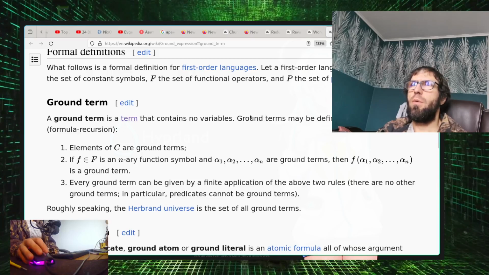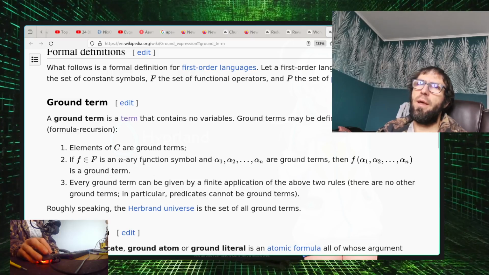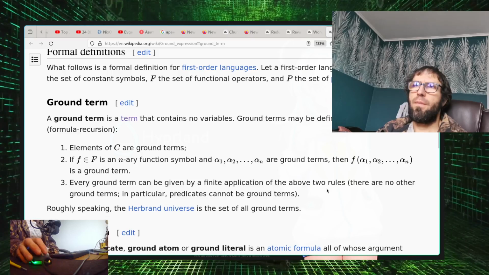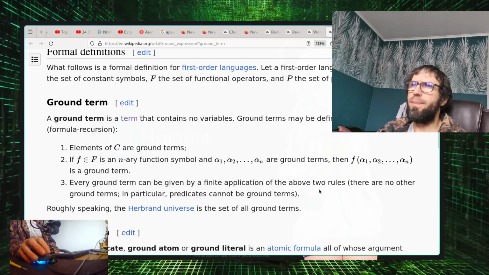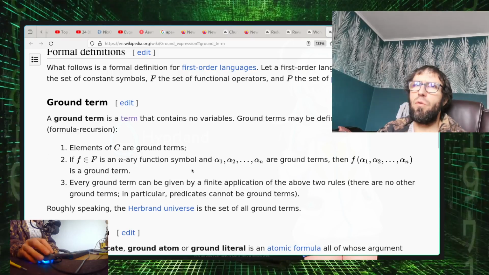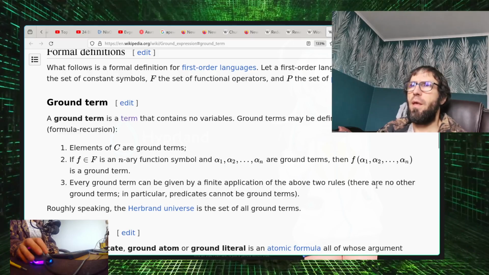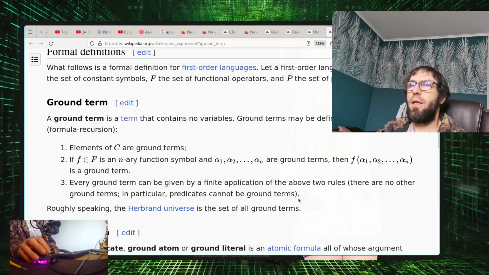The ground terms of this language are the constants, and if we have some n-ary function applied to ground terms, this is also a ground term. Every ground term can be given by a finite application of these two rules, the constants or the n-ary function, and there are no other ground terms. Predicates cannot be ground terms.